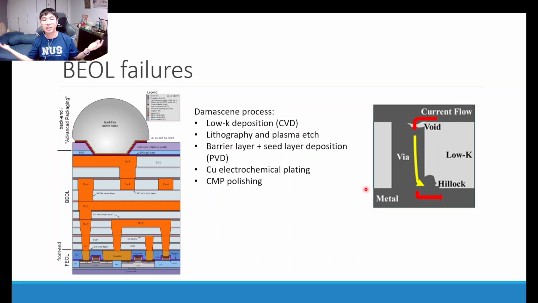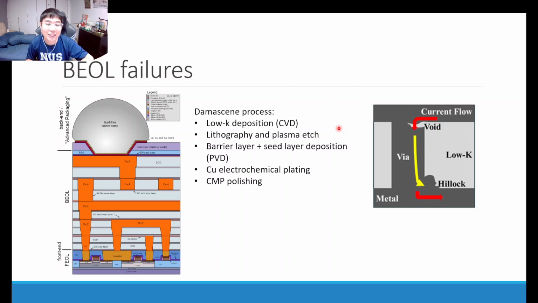Nowadays, most of the more advanced nodes all rely on copper interconnects, due to reasons I mentioned in the previous video series already, which have to do with electromigration and all that. But because of the peculiarities of the copper fabrication process, it has to be fabricated using a Damascene process.